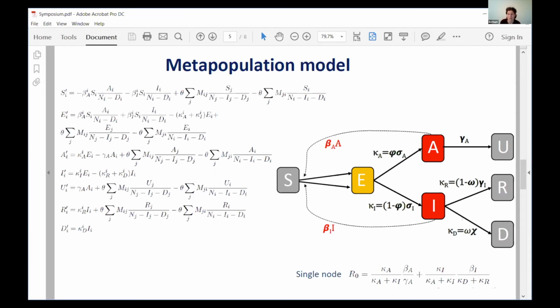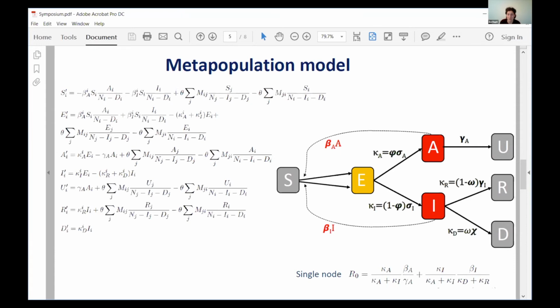What's the fatality fraction? So for this relatively simple model, we have 7 parameters. We assume that gamma alpha is well known, so that's the only one we fix. So we're left with 6, and you can see here what the single node R naught is.